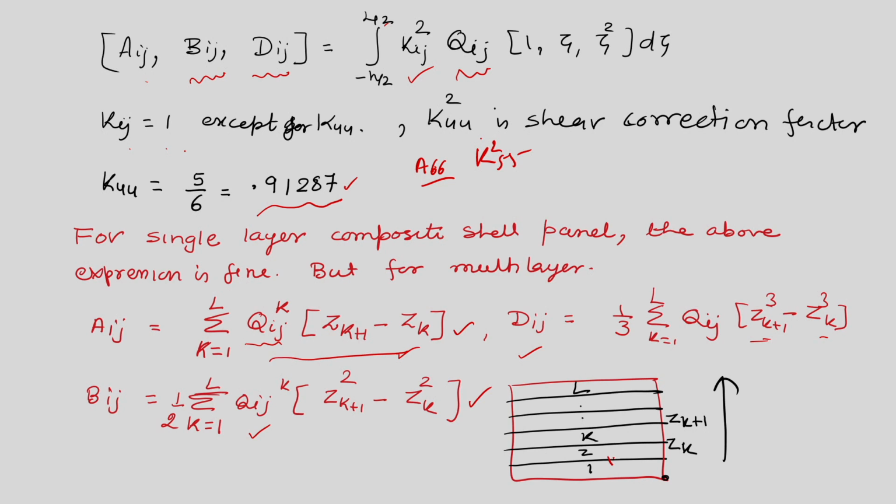If somebody is interested in a very accurate solution, like what the shear stress variation is at each layer interface and all these things, for those cases layer-wise theories are used, in which each layer has a number of variables.